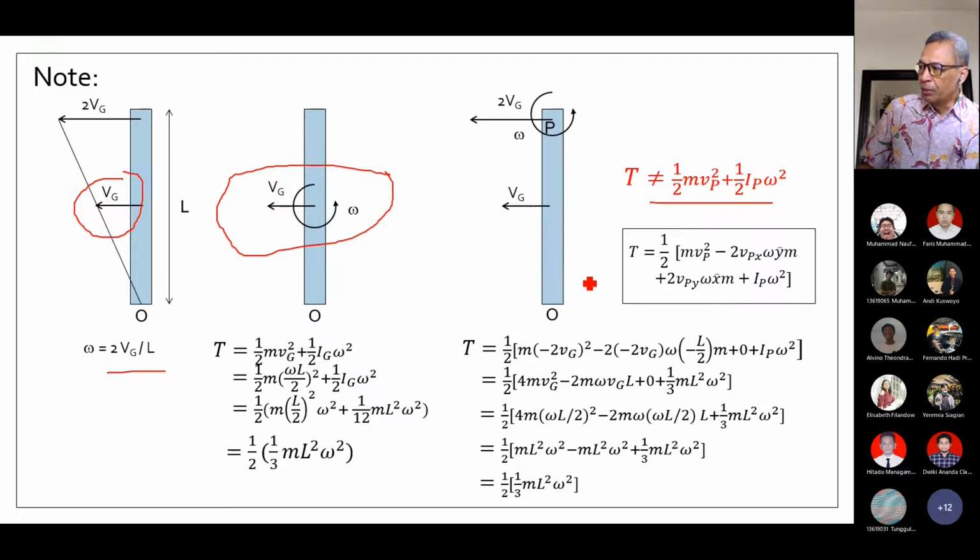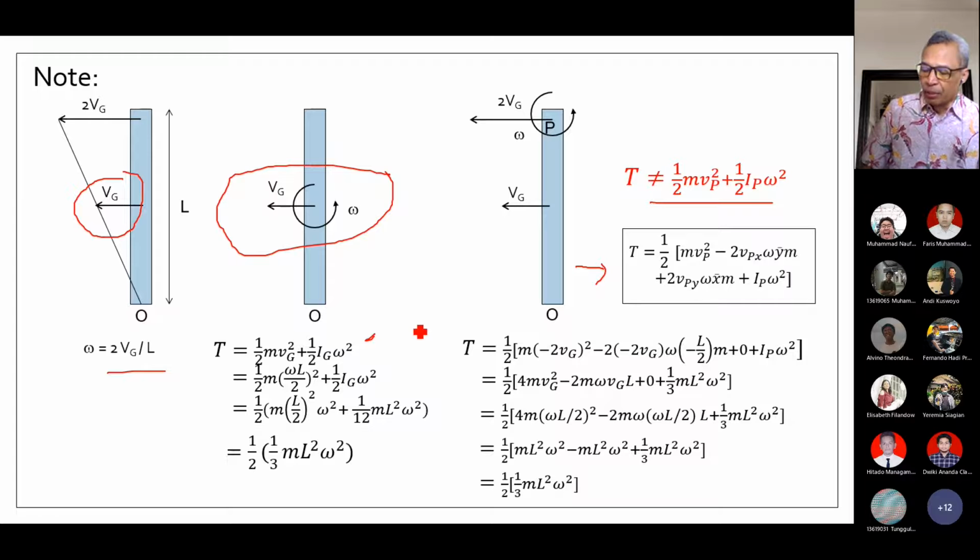You have to use this more general form. If you introduce all those parameters into this equation, you will obtain the same result. So that is how we can formulate the kinetic energy of a rigid body. Usually, practically, we define the velocity at the center of mass of the rigid body and then calculate using this simple equation.